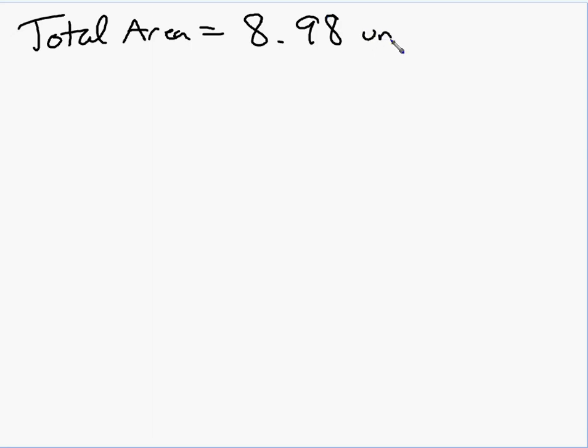Okay? If the total area is 8.98, what was my question asking? Didn't it ask how far the particle moved? It moved 8.98 units. Okay? This is my answer. The particle, yes, it is approximately.